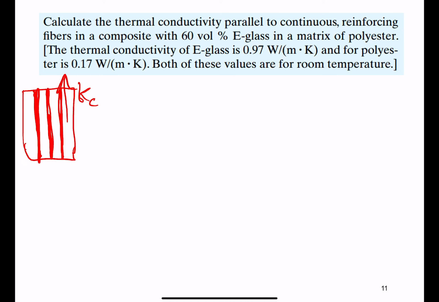We're given some data for the pure materials. The thermal conductivity of the pure E-glass is 0.97 watts per meter K, and that for the polyester is 0.17 watts per meter K. These thermal conductivity values are all for room temperature.